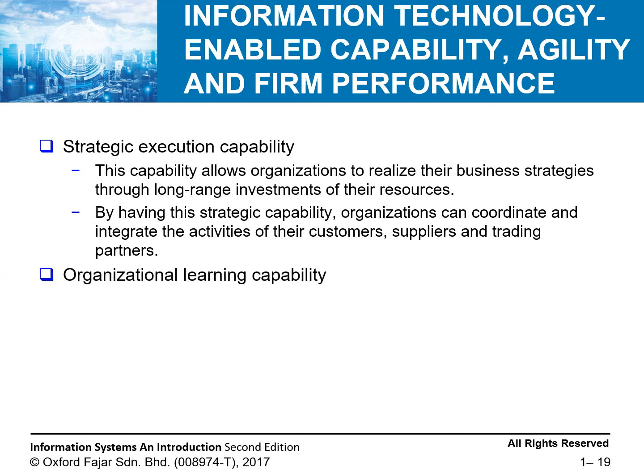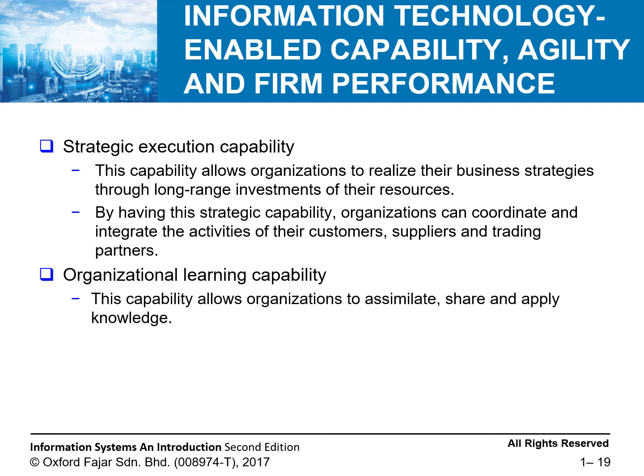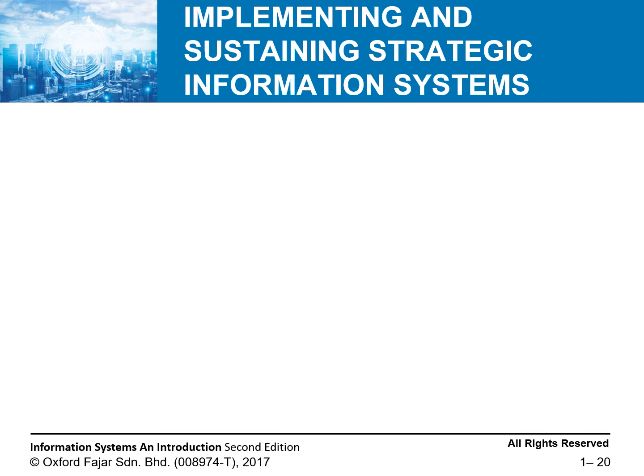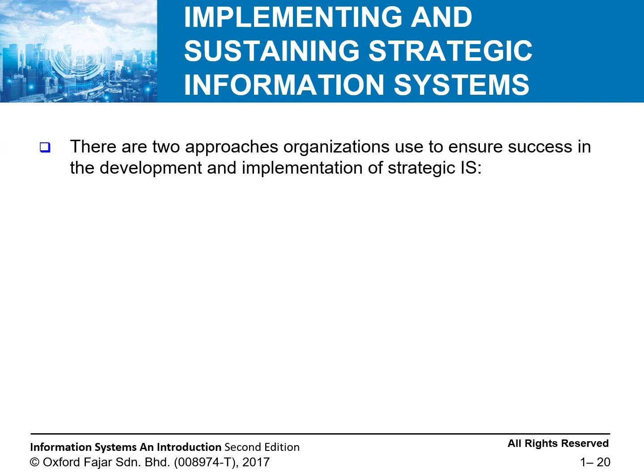And organizational learning capability, the last one. This capability allows organizations to assimilate, share, and apply knowledge, and to build and renew their organizational competencies due to the ever-changing business environment. Now, how to implement and sustain strategic information systems.